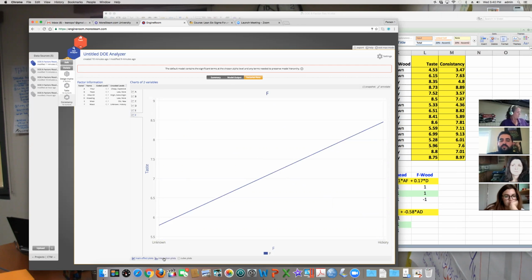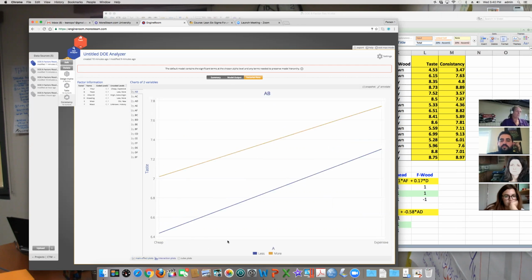The thing that's really interesting is the interaction effects. So when you're looking at these interaction effects, we're looking at the A-B effect. A is flour, B is yeast, right? Yeah, B is yeast.